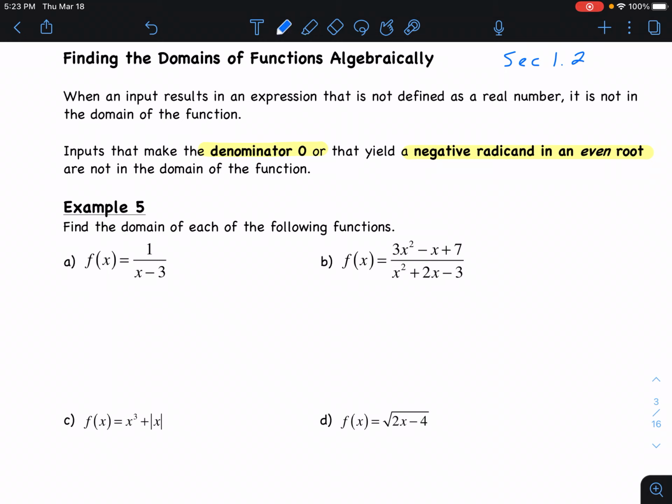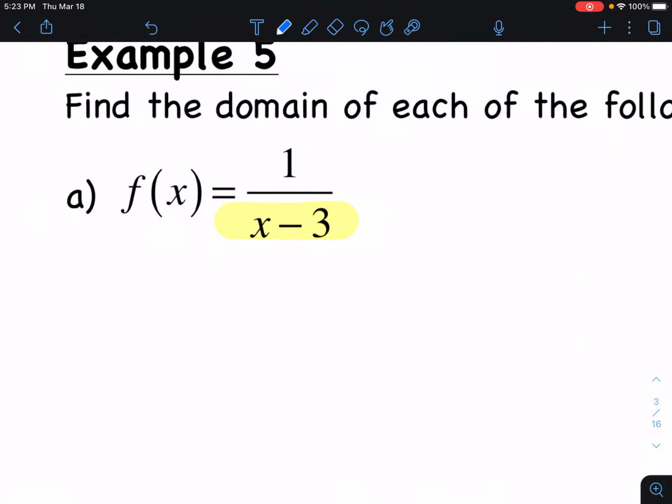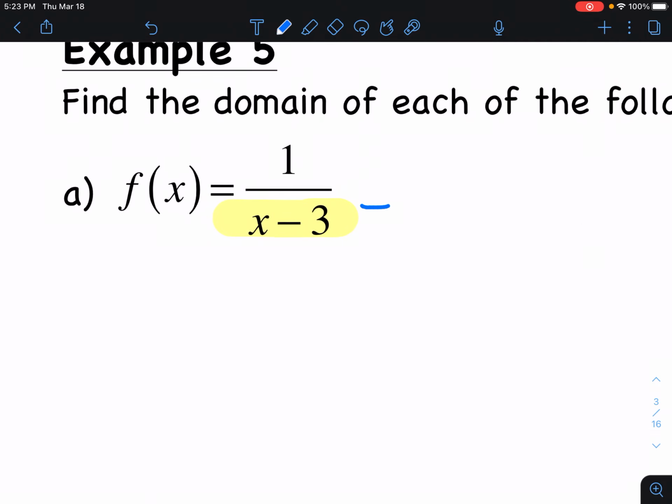Now let me show you some more examples. So in A, to find the domain of the function, I notice I have a fraction. So I look in the denominator of the fraction, and I know that the denominator is not allowed to be 0. So we set it up as not equal to 0.